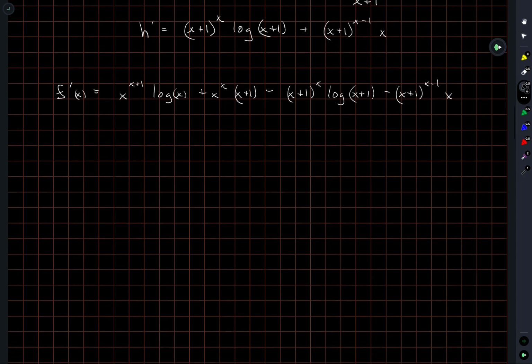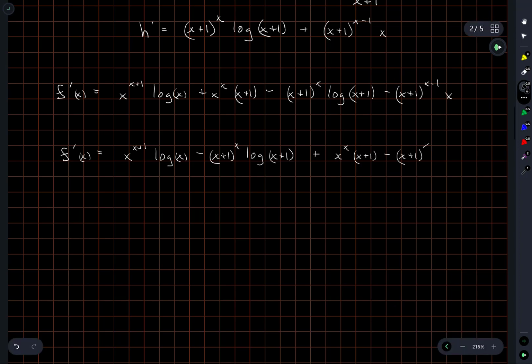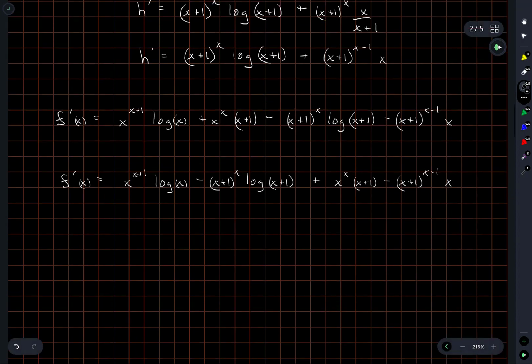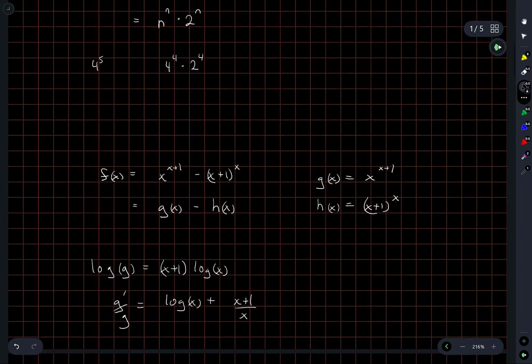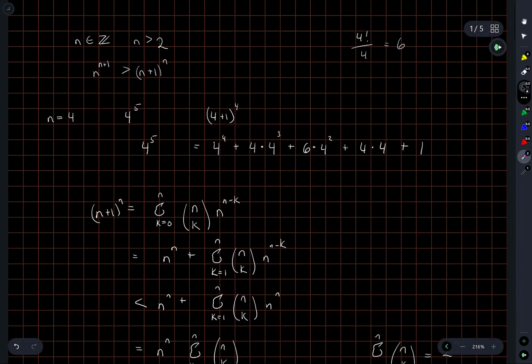Can we simplify anything here easily? So I think trying to show that this thing is always positive or negative or something like that is going to be no more or less difficult than just trying to show the original inequality.